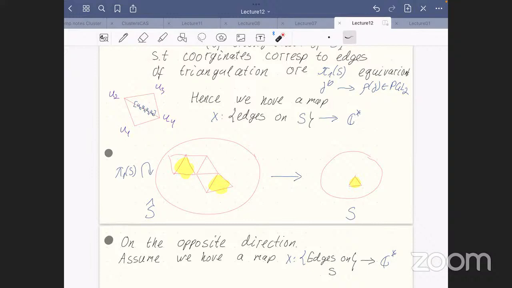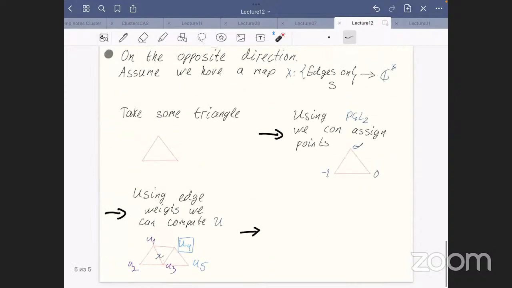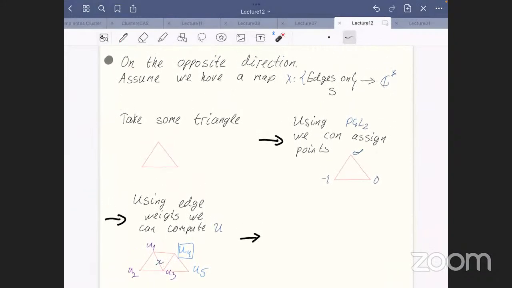On the contrary, if you go through some path on S, which is a loop on S but a path on S hat, you come to the triangle, but with different points on P1.